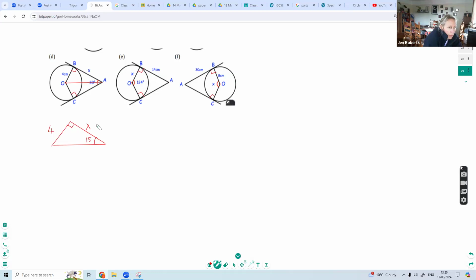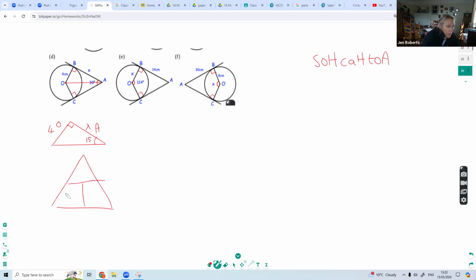Then let's label them. Adjacent, opposite, tan. Tan 15. Opposite goes at the top, adjacent goes at the bottom. We divide them. 4 divided by tan 15. 14.9.